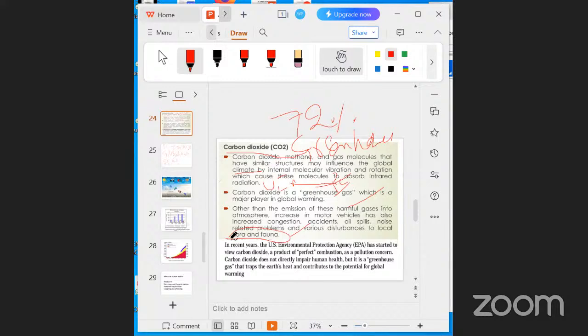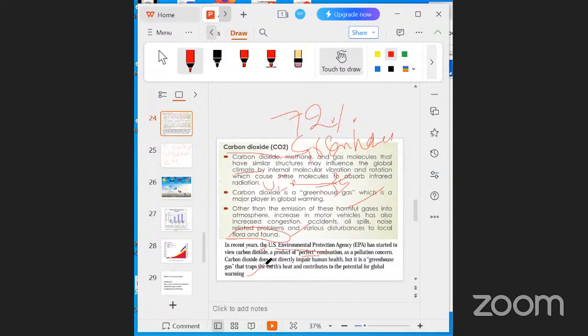In recent years, the US Environmental Protection Agency, EPA, has started to view carbon dioxide, a product of perfect combustion, as a pollution concern. Carbon dioxide does not directly impair human health, but it is a greenhouse gas that traps the Earth's heat and contributes to the potential for global warming.